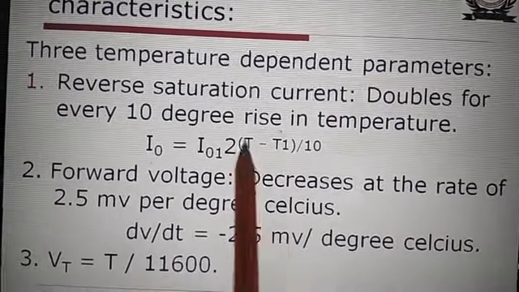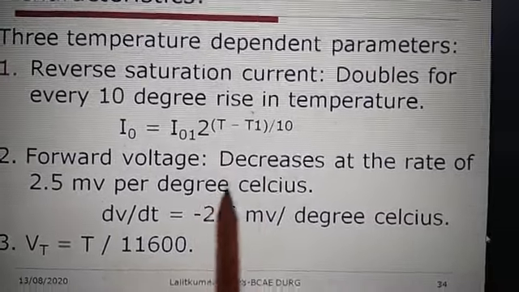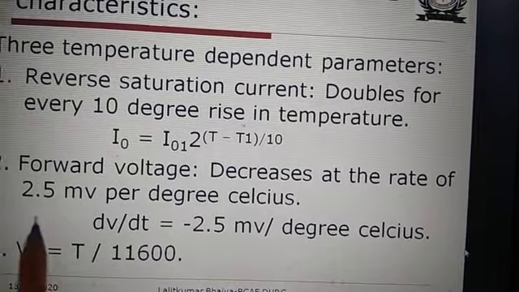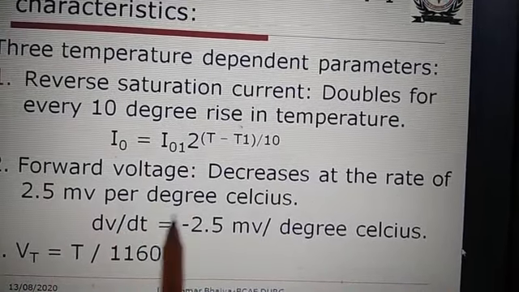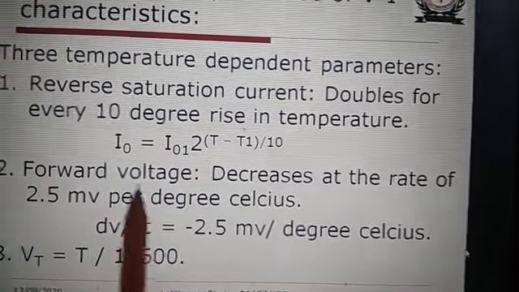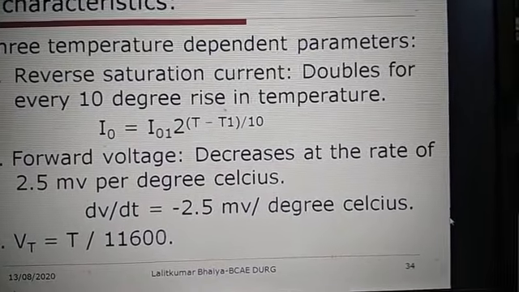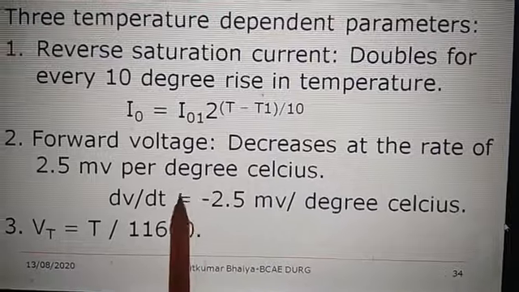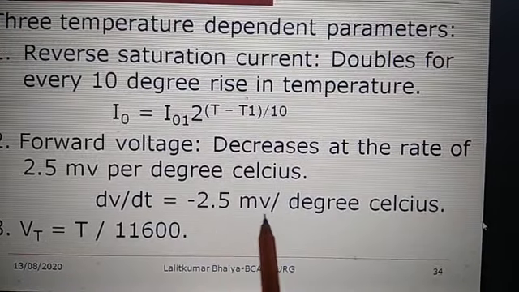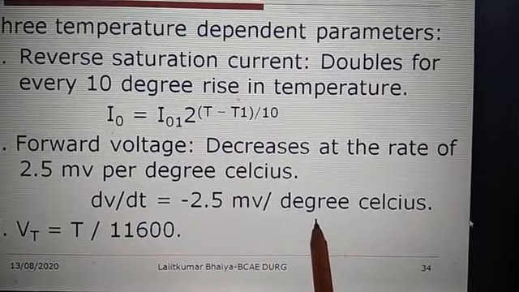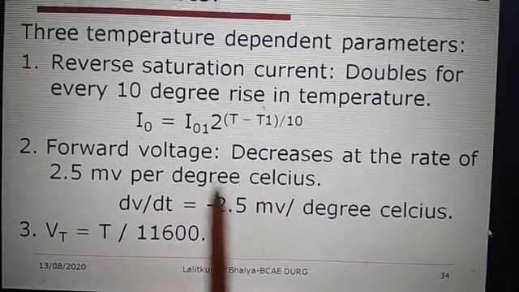This is the temperature dependence, and the forward voltage decreases at the rate of 2.5 millivolt per degree Celsius, that is dV by dT is equal to minus 2.5 millivolt per degree. This is the temperature dependence.